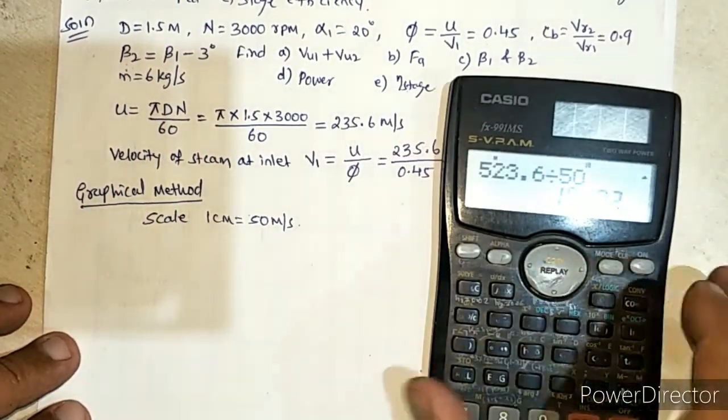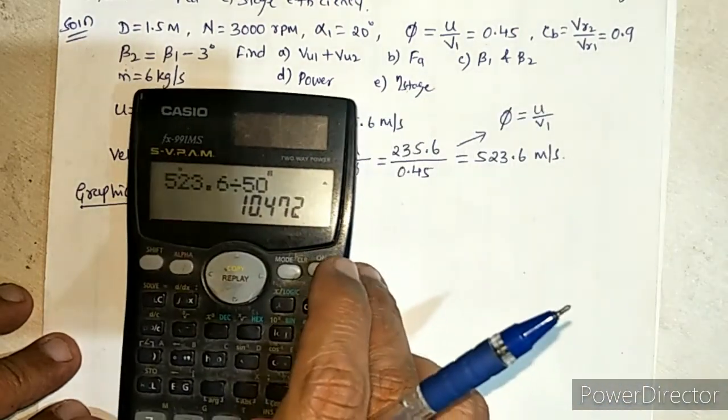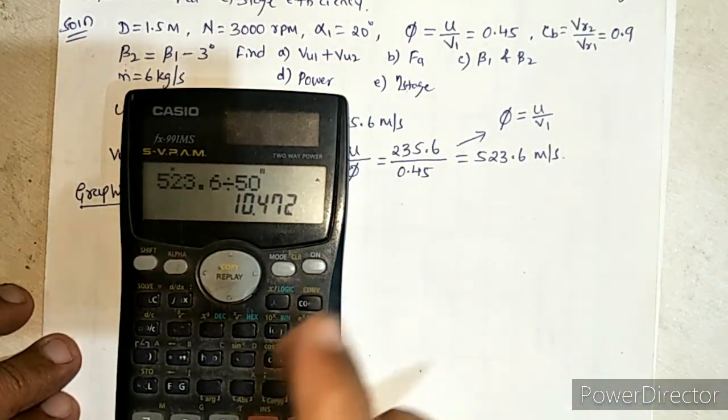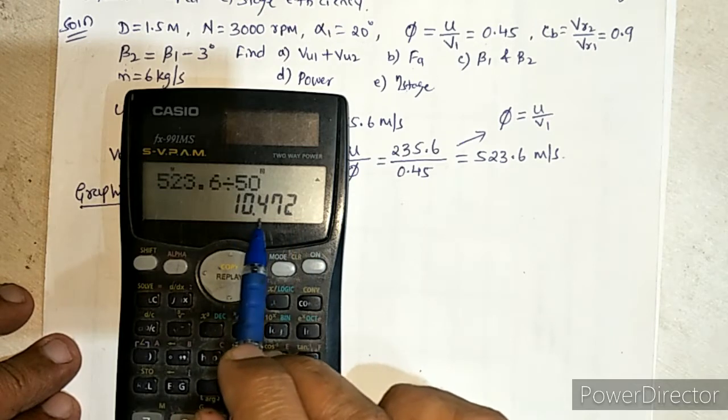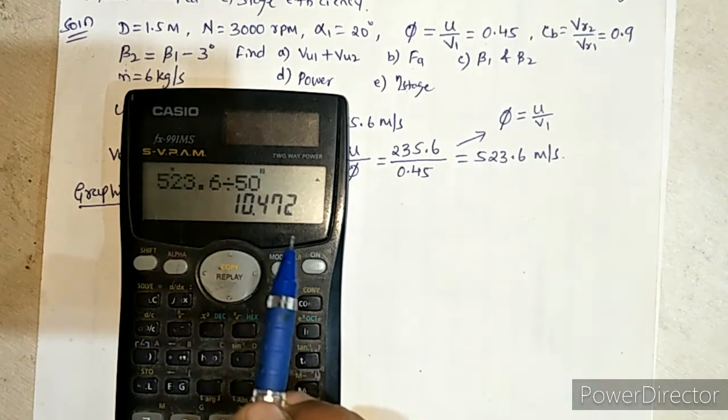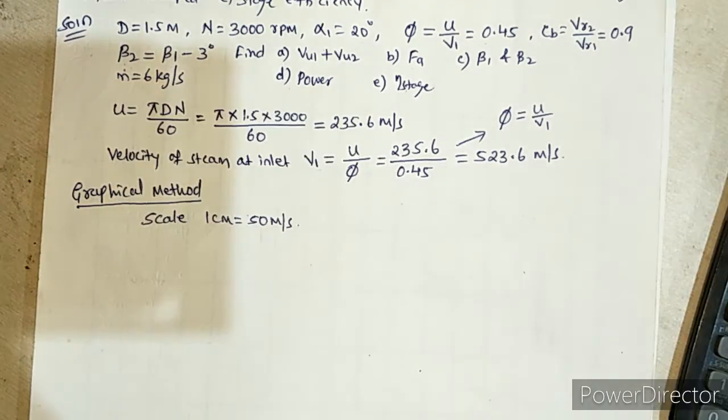So the length of v1 will be 10.47 centimeters, or I can say 10.5 centimeters.